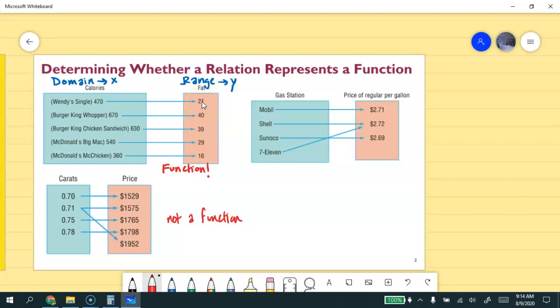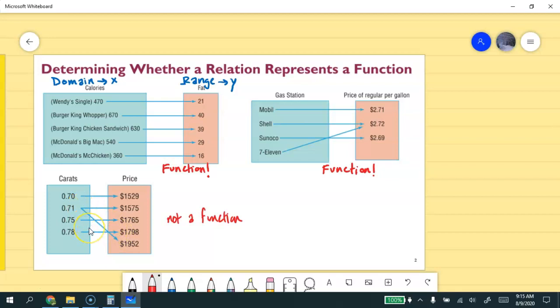For the other one, notice that there was one arrow coming out from every single one of the x's, and it so happens that the arrow from Shell and the arrow from 7-Eleven both go to the same exact value. This is still fine in mathematics, and in fact it makes sense even. So this is still a function to us. We're not worried about that. But this last one is a problem.